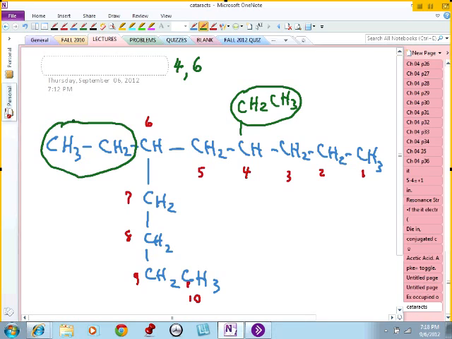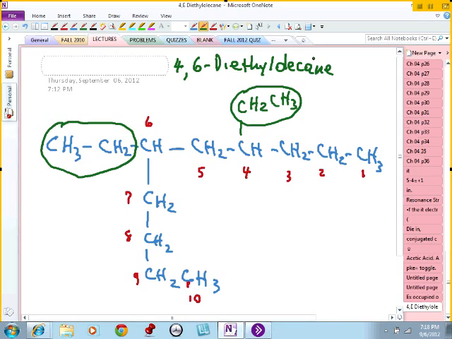Since they are the same, we are going to use the prefix di to describe that. So that becomes 4,6-diethyl, and what is the base name? Decane, right.